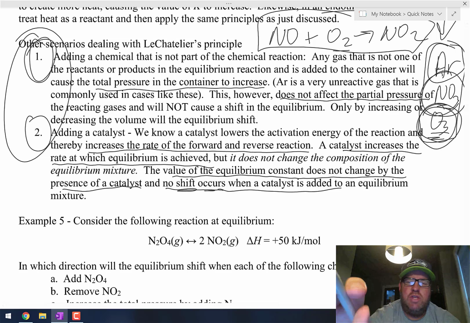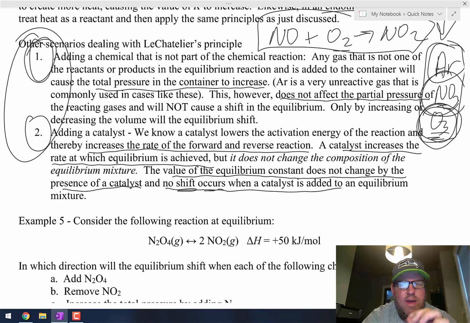And remember, the only time the value of the equilibrium constant changes, and yes, it changes every single time, is when you change the temperature of that solution or that gas chamber, whatever it happens to be in. Other than that, the equilibrium constant doesn't change. Just the value of Q has to come back into numerical agreement with the equilibrium constant.